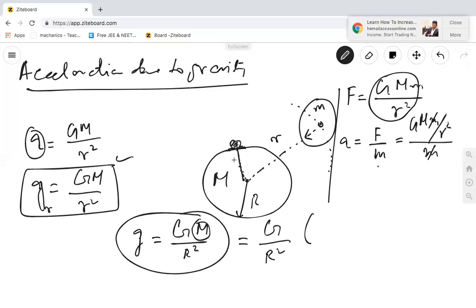If I suppose the earth is a sphere of radius r, I can write mass as density into volume, 4 by 3 pi r cubed. After all, what is the mass of the earth? Like the mass of a sphere.